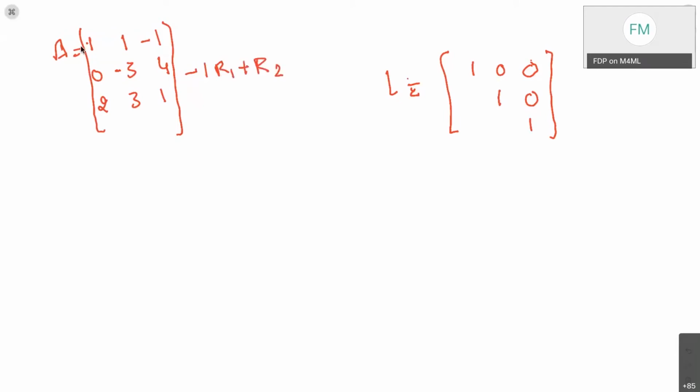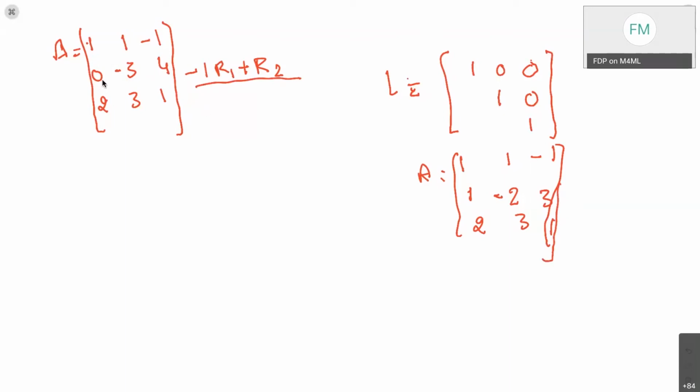To get this, our initial matrix A was 1, 1, minus 1, 1, minus 2, 3, 2, 3, 1. This was the initial matrix. If you apply this operation, we'll get this 0.